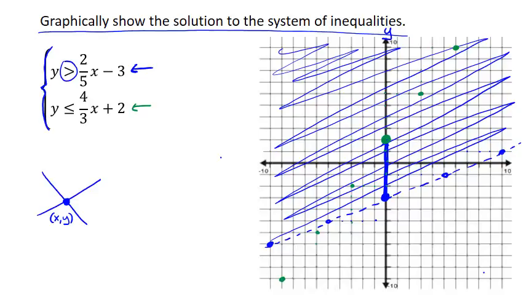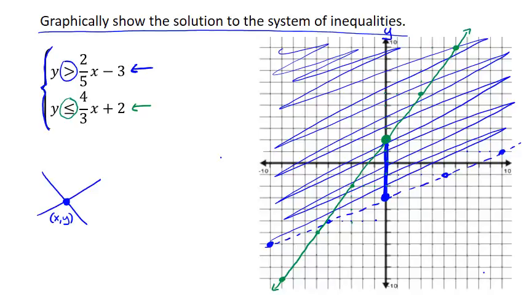Now, because this inequality has the equal part with it, I know that my line right here is actually a part of the solution. So notice I'm making it a solid line. The dashed line says it's not a part of the solution. That's exclusive. And the solid line indicates that the line is part of the solution. So that's the solid.